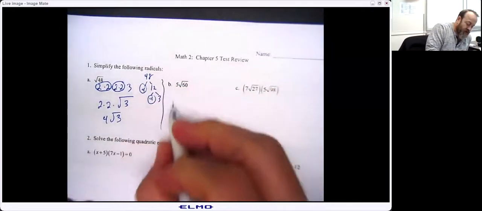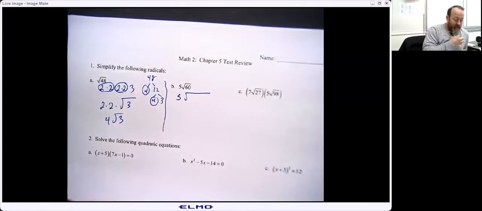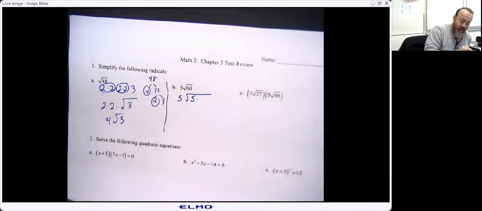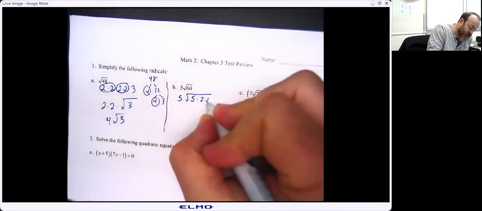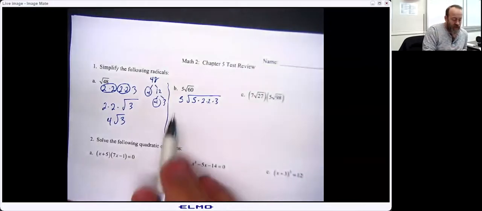Now, in question B, we've already kind of broken it down a little bit. And so what jumps into my head is that I see the number 60, which is actually a 5 times a 12. And 12, of course, was 2 times 2 times 3. Again, we've done all of this stuff in class. We did this because sometimes people would see those 2 5s and get confused.